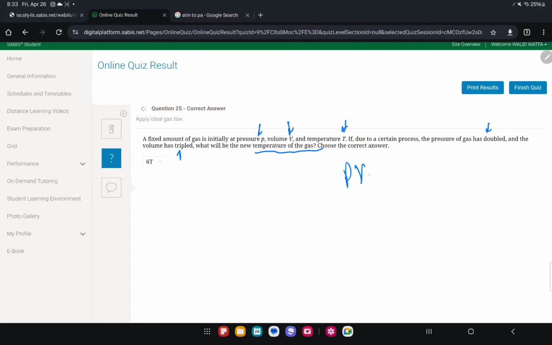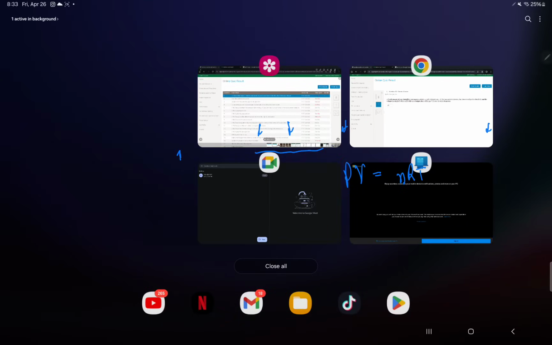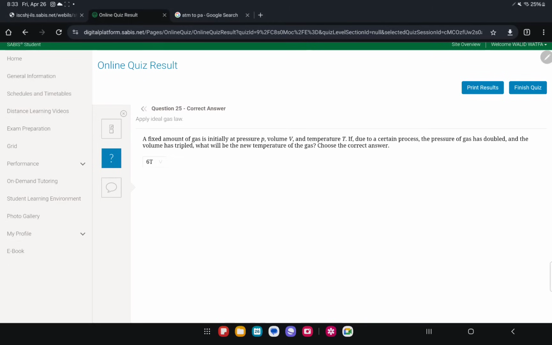Remember PV equals nRT. The pressure of the gas has doubled, so I'm multiplying by 2 over here. And the volume has tripled, so I'm multiplying by 3 over here.